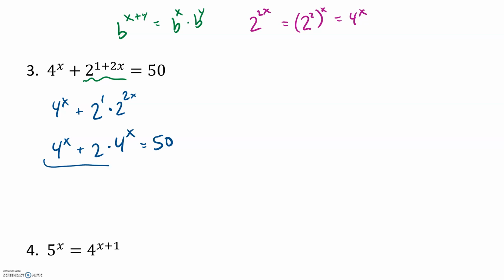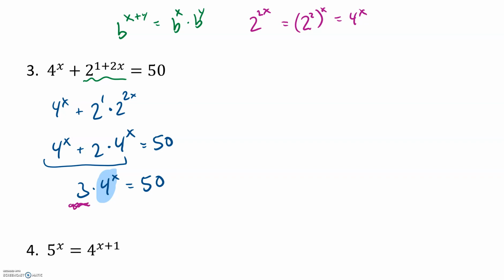And so this is really just like terms. I can write this as 3 times 4 to the x equals 50. But again, I want to be kind of careful. The examples that we've seen so far, we haven't really talked about it, but we've had like one thing raised to an exponent. We haven't seen coefficients in front. So I don't like having that 3 in front.